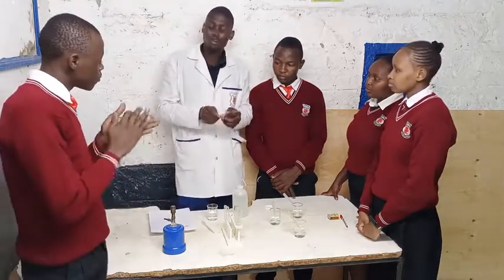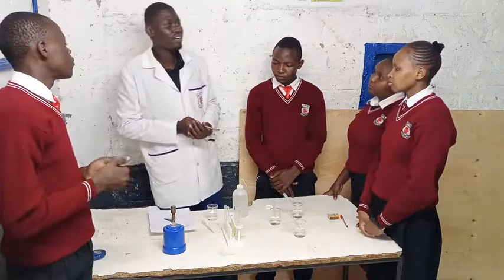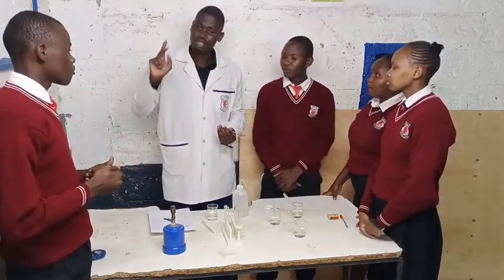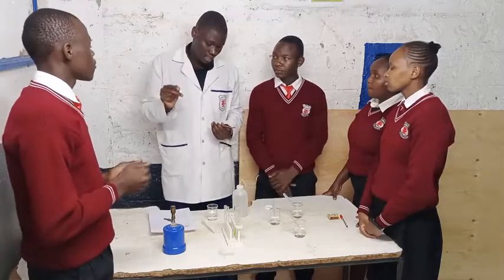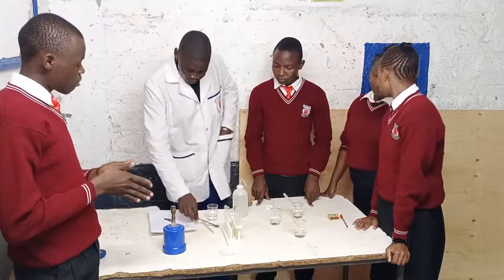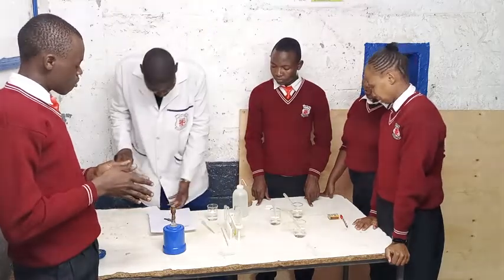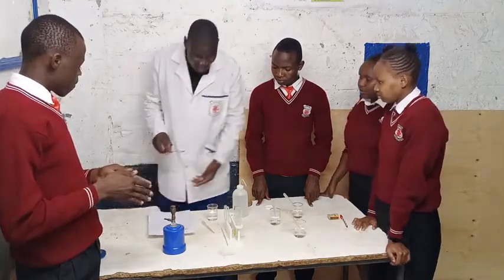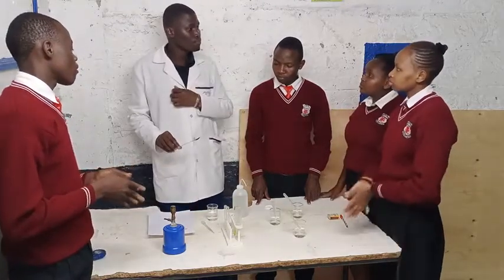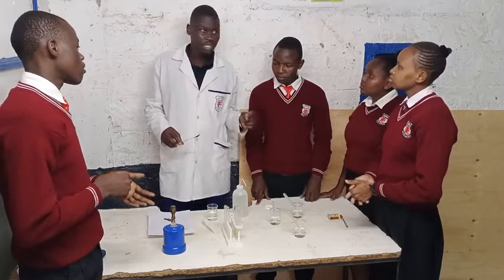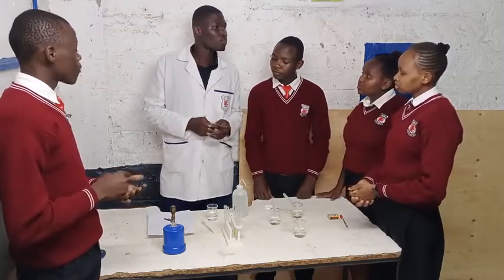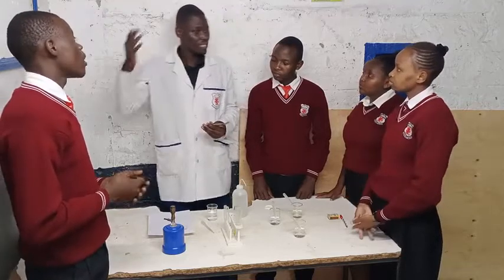Now, which observation can you make there? When you are given such a question, the observation part will carry 2 marks. So the observation that you're supposed to write is that there is formation of brown fumes. Another thing you're supposed to write is that there is formation of orange solid when hot and yellow when cold.